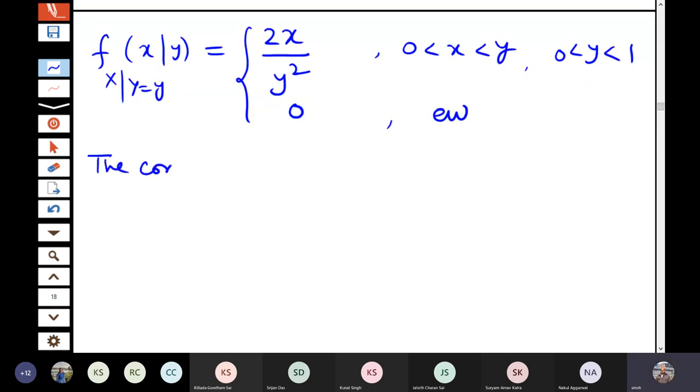Similarly, the conditional PDF of y given x.